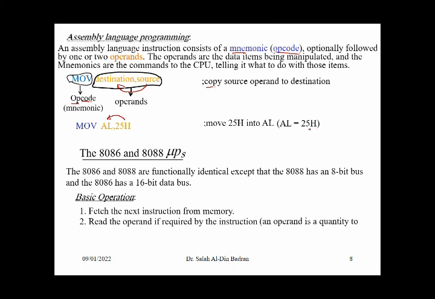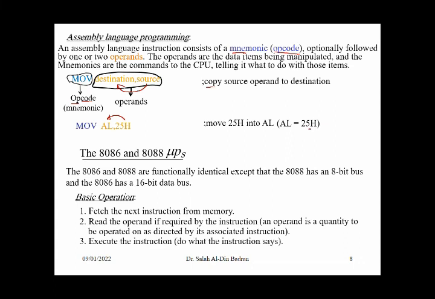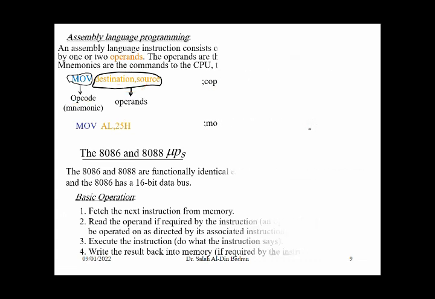An operand is a quantity to be operated on as directed by its associated instruction. Then execute the instruction. Do what the instruction says. Finally, write the result back into memory if required by the instruction.